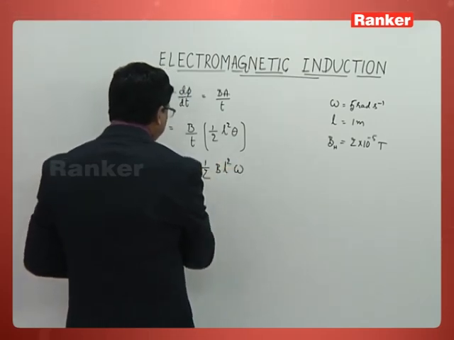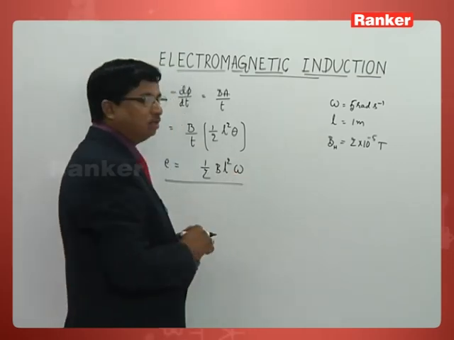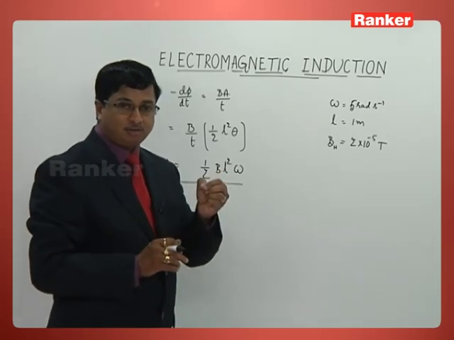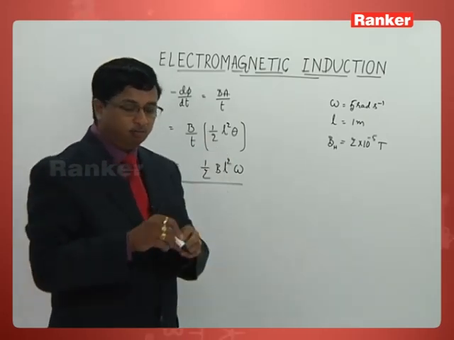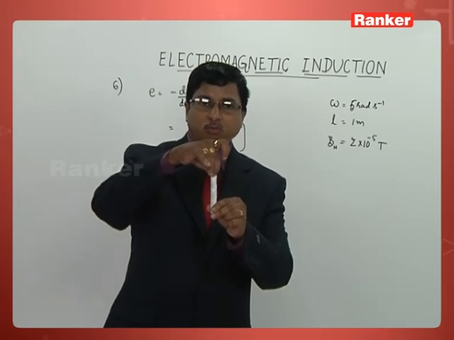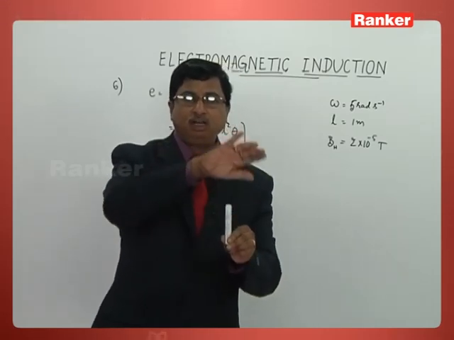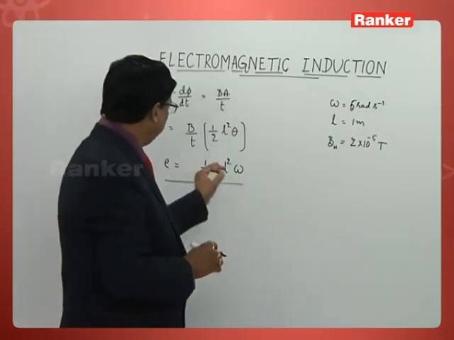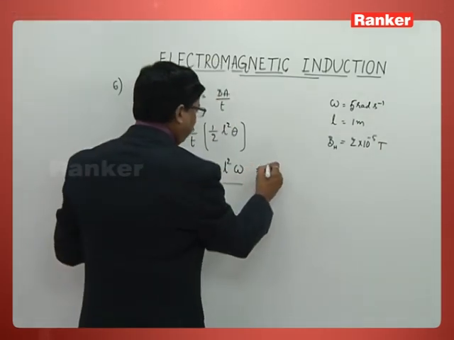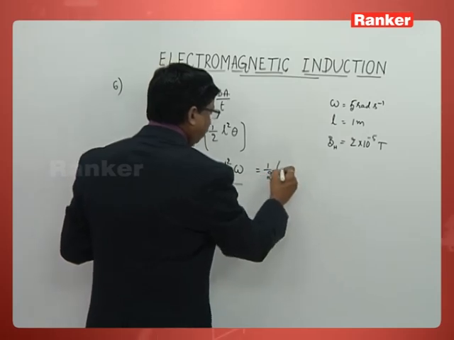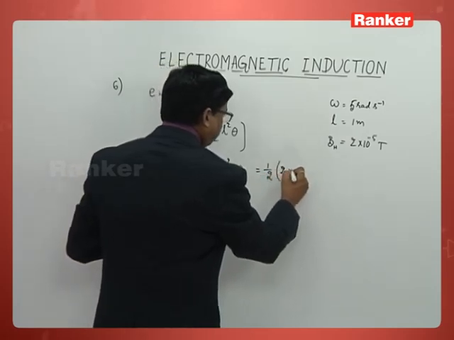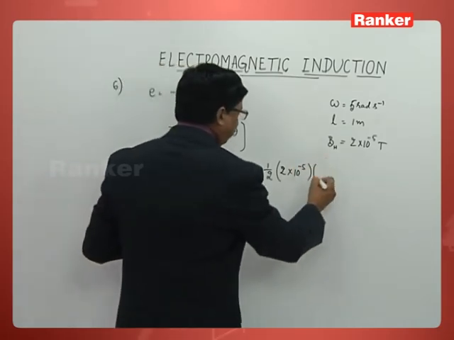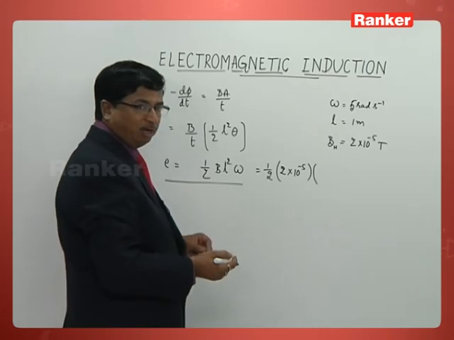That is the magnitude of the induced EMF observed across the ends of that conductor, which is rotating in a vertical plane about one fixed end. So all the values are mentioned over here. Half. The value of BH is given as 2 into 10 power minus 5. L square, whether you write 1 square or not, hardly matters.